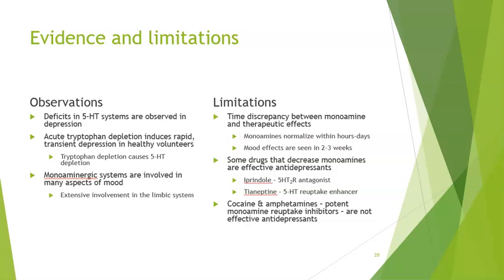And then cocaine and other amphetamines are very potent monoamine reuptake inhibitors. So they do what these classic antidepressants do, and yet we don't see any antidepressant effects. So there's clearly something else going on.